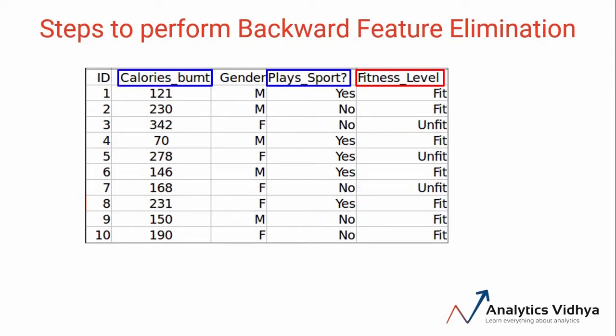Similarly, we will drop each variable at a time and train the model on the remaining variables. Here we have dropped the gender variable, as you can see, and we get an accuracy of 91.6%. Finally, we drop the place_sport variable and again train the model on the remaining data and get an accuracy of 88%, a slight drop.